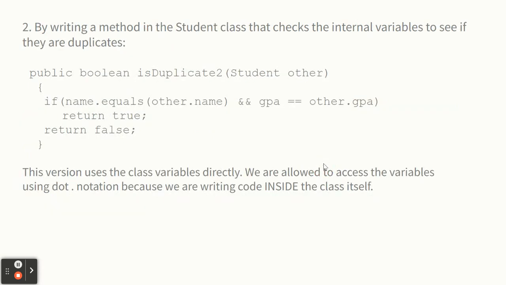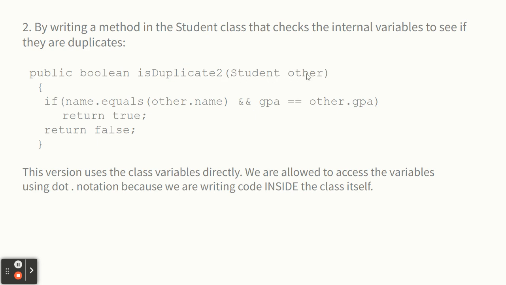Okay, we have another way to do it. We could write a method inside the Student class that checks the internal variables to see if they're duplicates. If we're inside the class, you don't have to call the methods. We can just use the variables. Check this out. You could write public Boolean isDuplicate2. I put a 2 there just to make it separate from the first one. Student other.